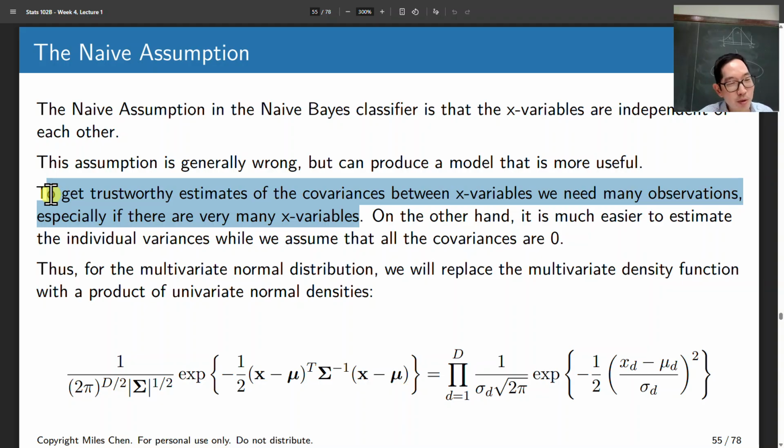Okay, so with the naive assumption, we're just going to assume all of the covariances are 0. This is not going to be a good assumption, but it certainly simplifies our calculations. And it turns out that this bad assumption doesn't negatively impact predictive performance that much. So yes, it does.